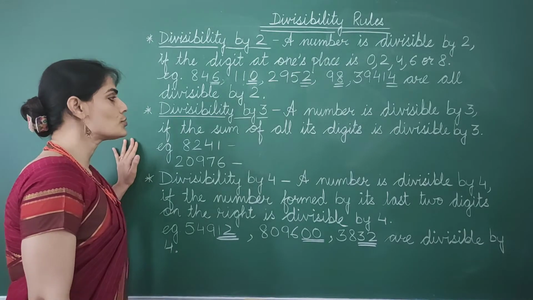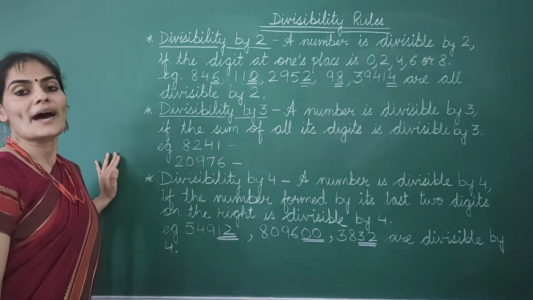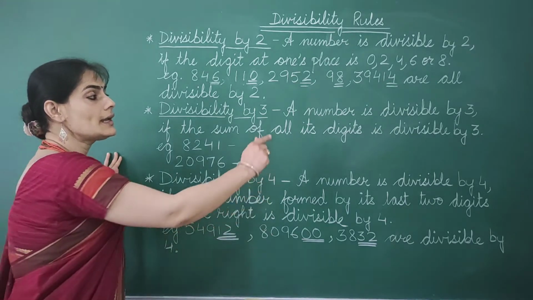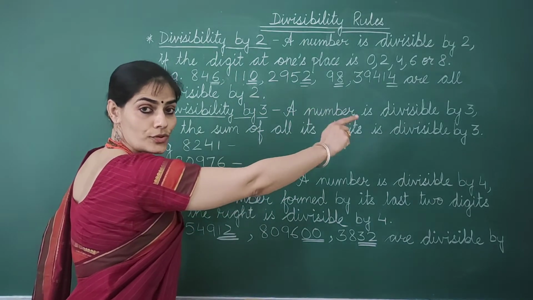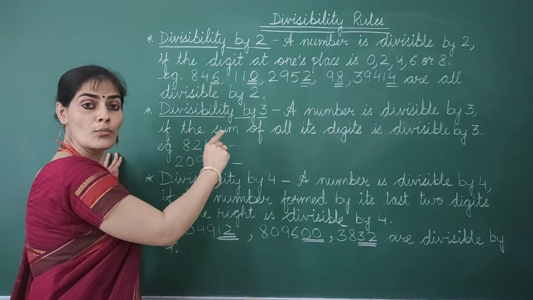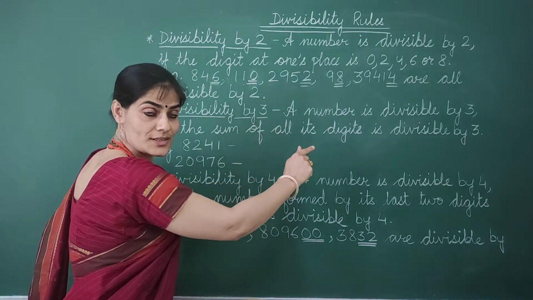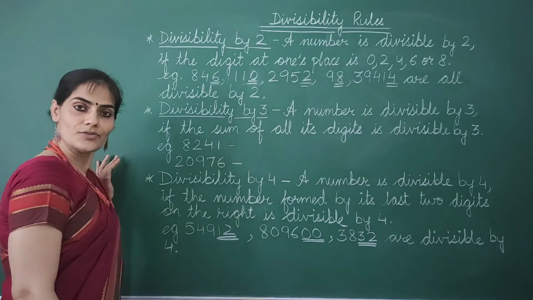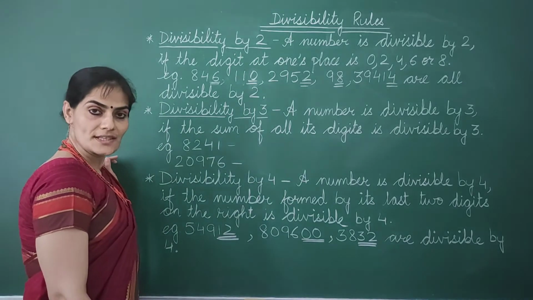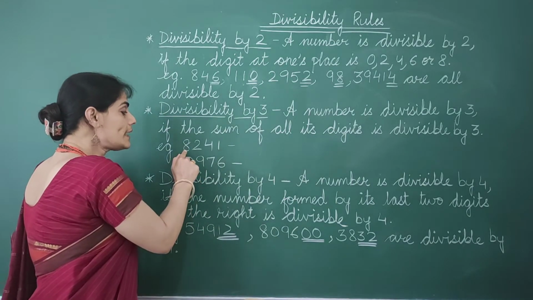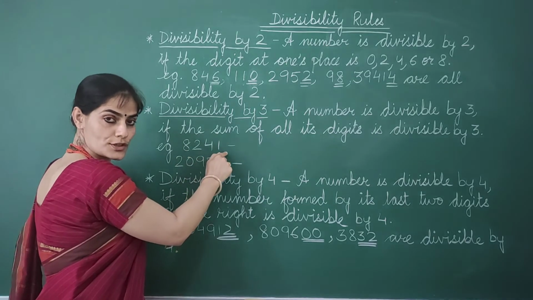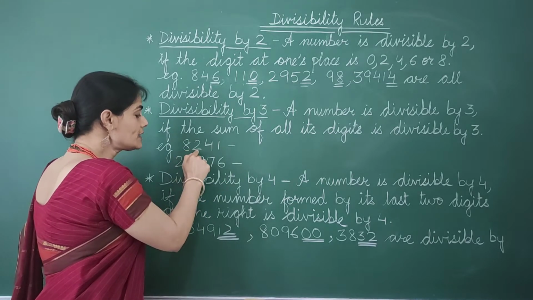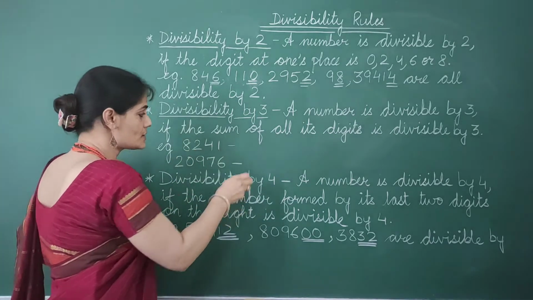The second rule is divisibility by 3. A number is divisible by 3 if the sum of all its digits is divisible by 3. Look at the first example. It is 8,241. So let's find the sum of all its digits.